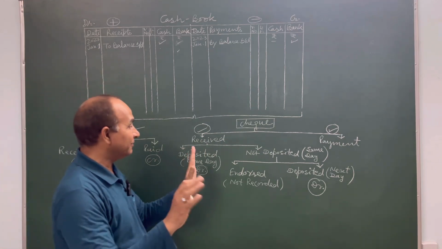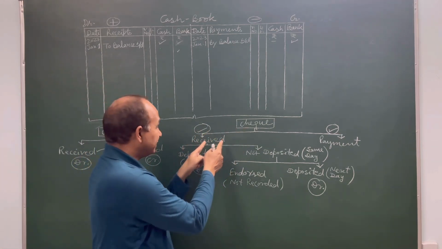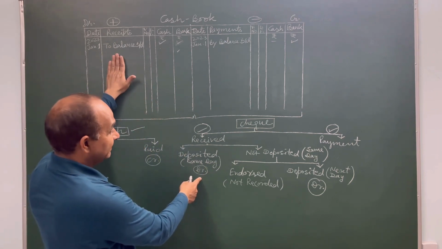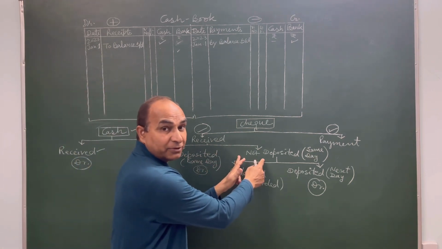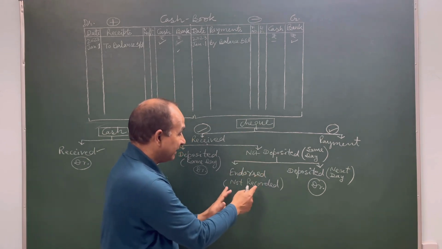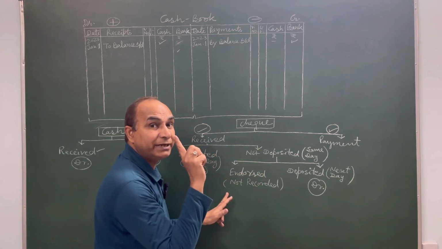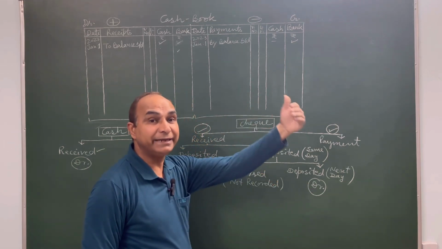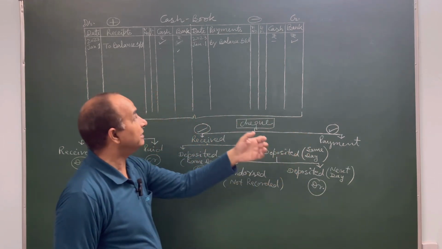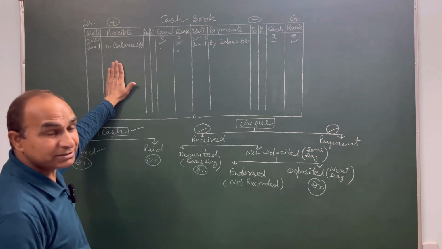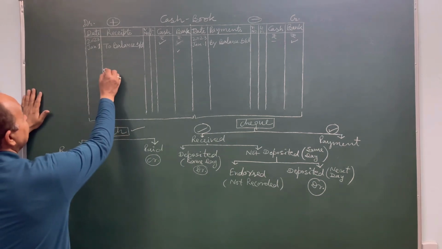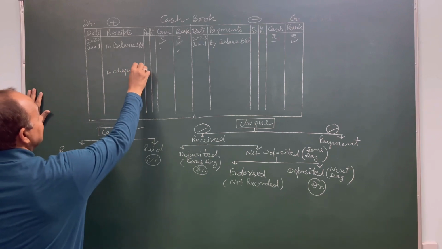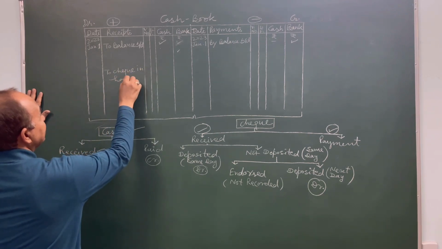So, the treatment of checks: check received and deposited into the bank on the same day, debit side. Check received but not deposited into the bank on the same day: if the check is endorsed, no entry in the cash book. If the check is deposited the next day or after 2-3 days, it will be recorded on the debit side of the cash book. But in that case, we will write "To check in hand."